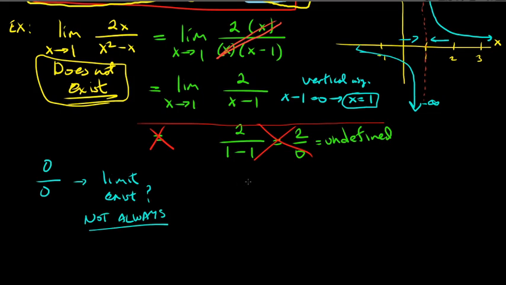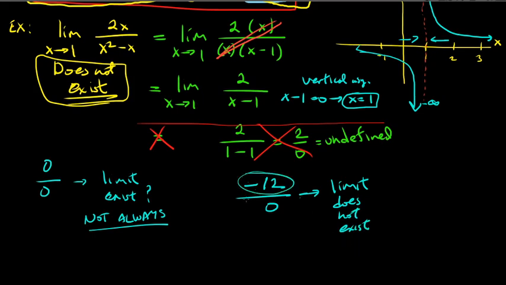On the other hand, when you see something like 2 divided by 0, or negative 12 divided by 0, or any other number divided by 0 other than 0, this should indicate that the limit will not exist.